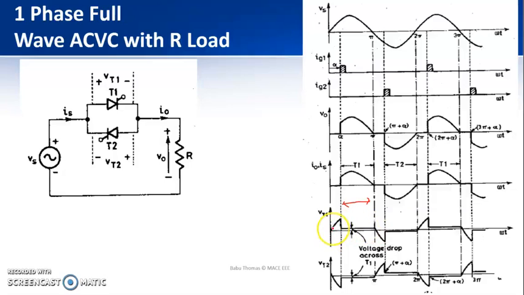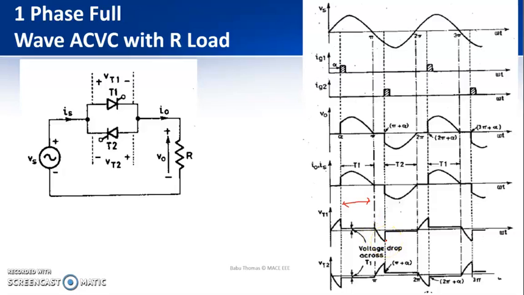During the time 0 to alpha, none of the thyristors are conducting, and therefore whatever the source voltage is will appear across thyristor T1. And from pi to pi plus alpha, again none of the thyristors are conducting, and therefore this negative voltage, which is the source voltage, appears across the thyristor.